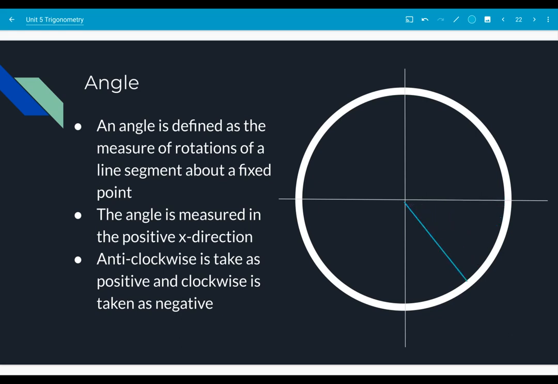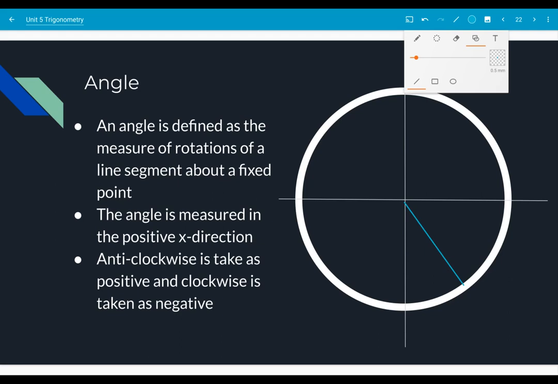If you go this way and measure the angle in here, that's going to be a negative angle.